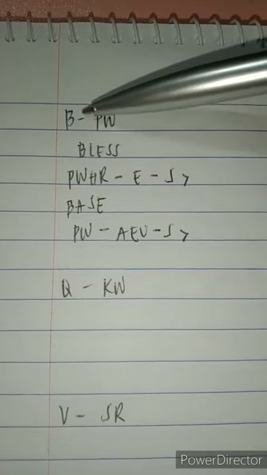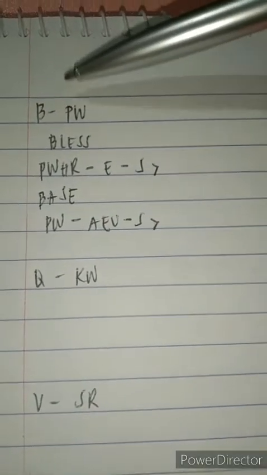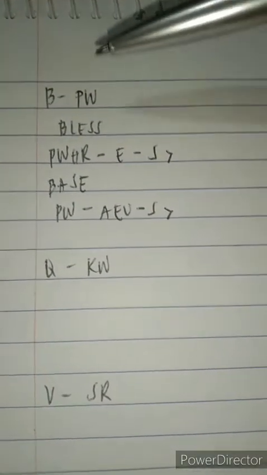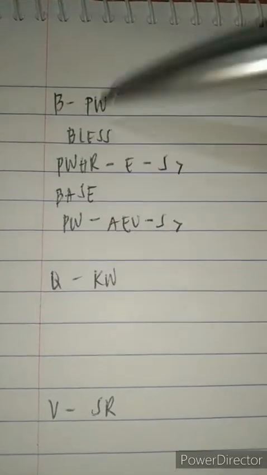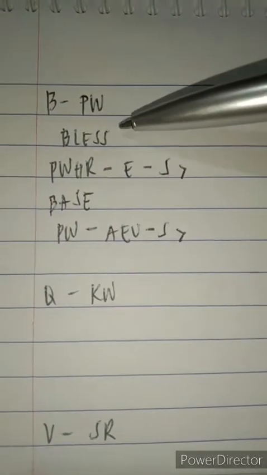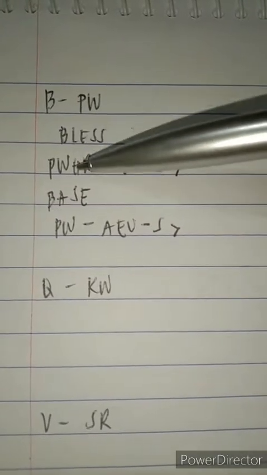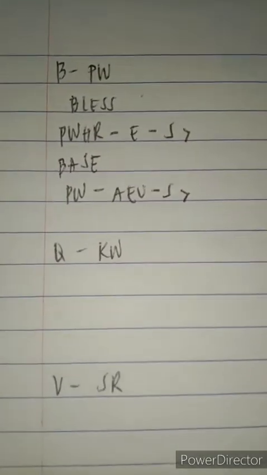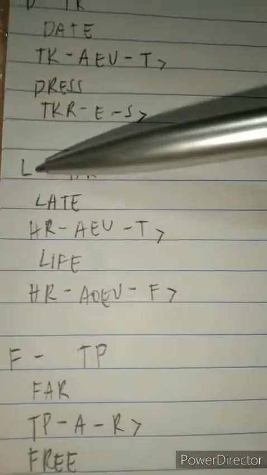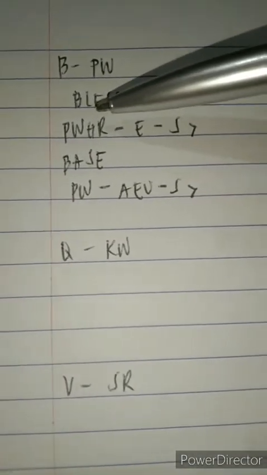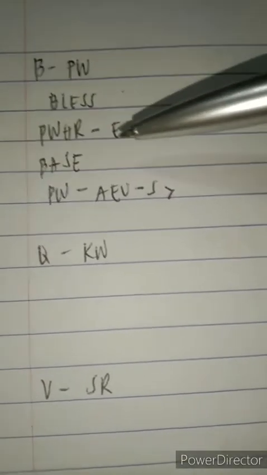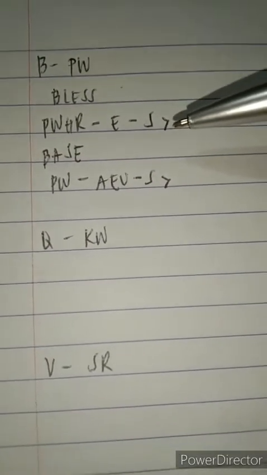So next, letter B. B is represented by P and W. So the first example is bless. So PW for B and HR for L. Remember that L is represented by HR. So, we put HR, and then, short E, and then S, and then release.